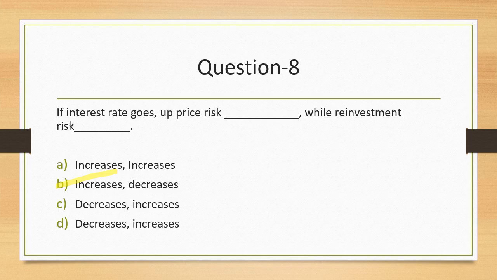So every time there is a change in the interest rate, there are two impacts: one, impact on the bond price, and two, impact on the reinvestment income that you make from coupons, right? Coupons are paid periodically by the issuer. So if you have coupons which you are getting from the issuer, there would be a reinvestment risk.